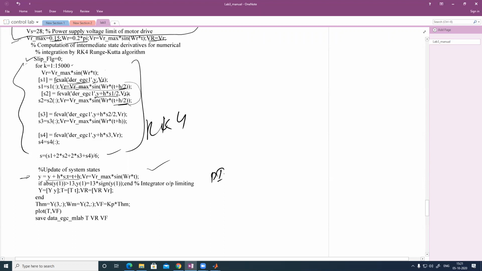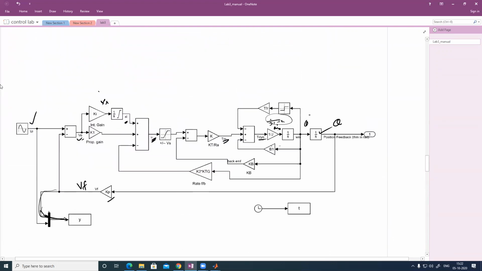So if Y of 1, the integrator output, is greater than 13, you have to set Y of 1 equal to 13 times the sign of Y of 1, the signum function of that value. If it is positive, then positive 13; if it is negative, then negative 13. This is the command used for setting up this limit.